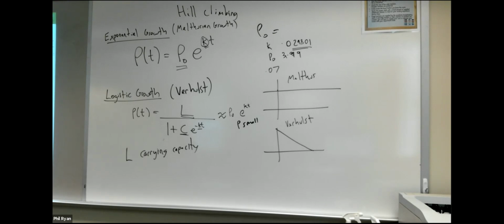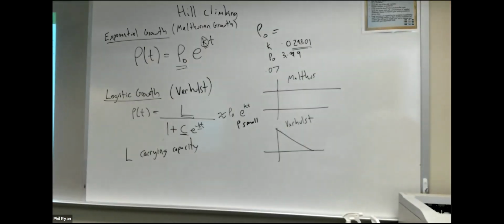But this is the real population. So do we see evidence of constraints to growth? Yeah, because we're not following the exponential growth anymore. So we're seeing evidence of logistic growth, which is a more appropriate model to use. So we have to replace our model with this.